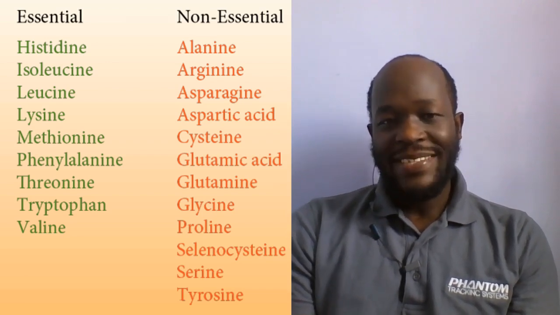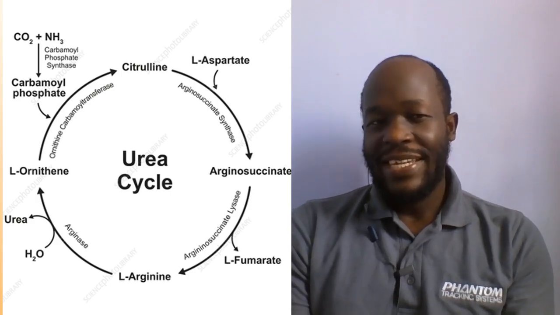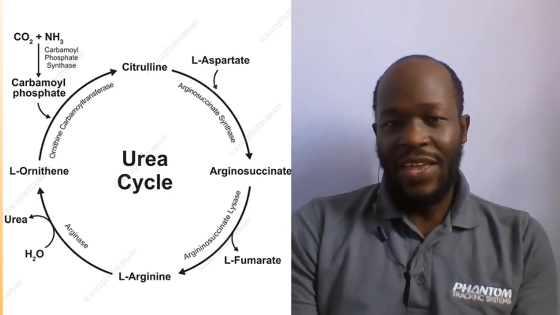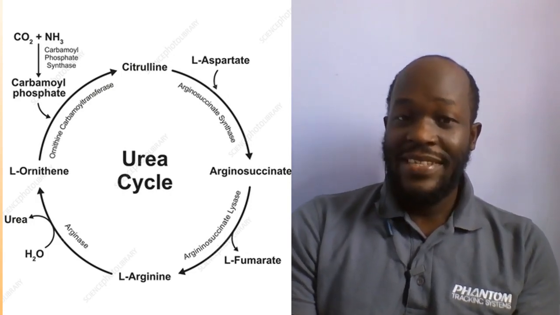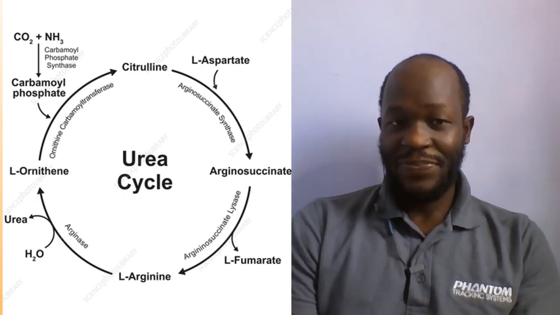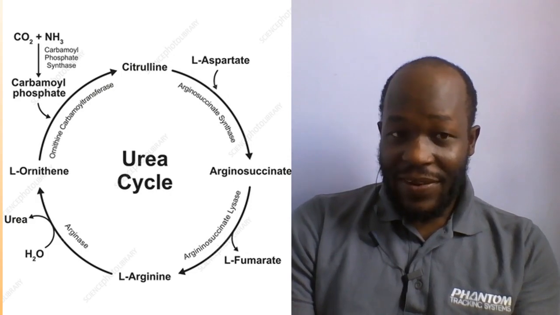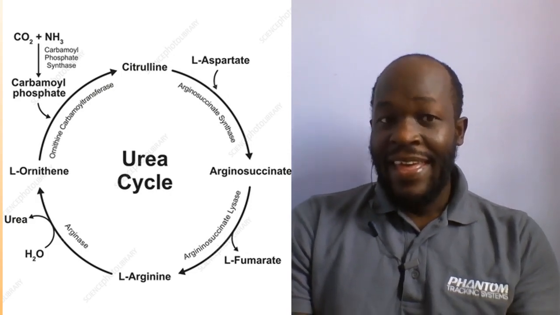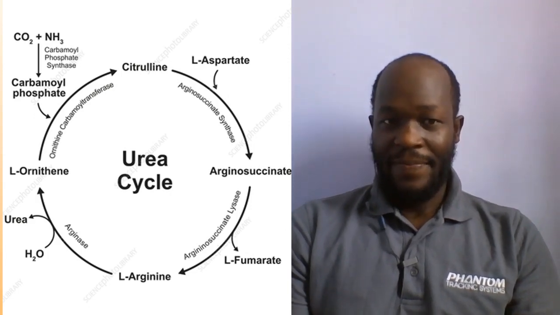The common ones include ornithine and citrulline, which we shall see when we discuss the urea cycle, the cycle whereby ammonia is converted into urea.